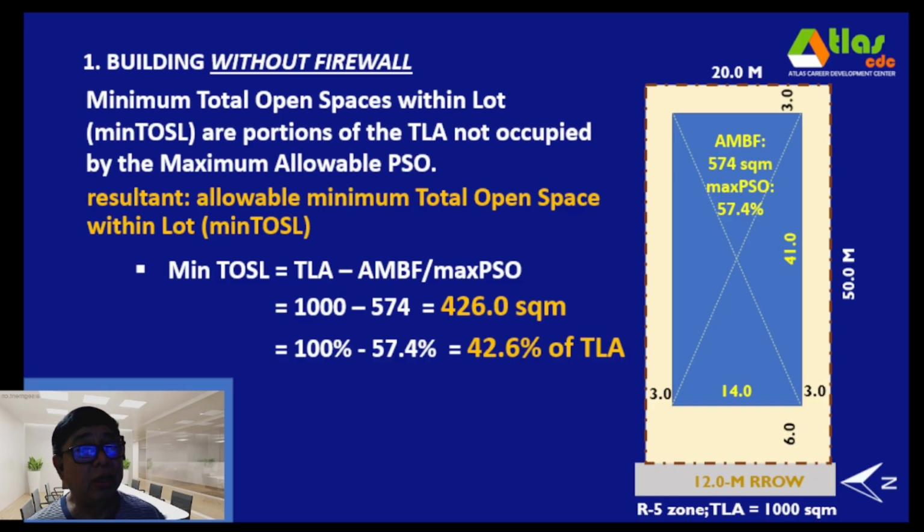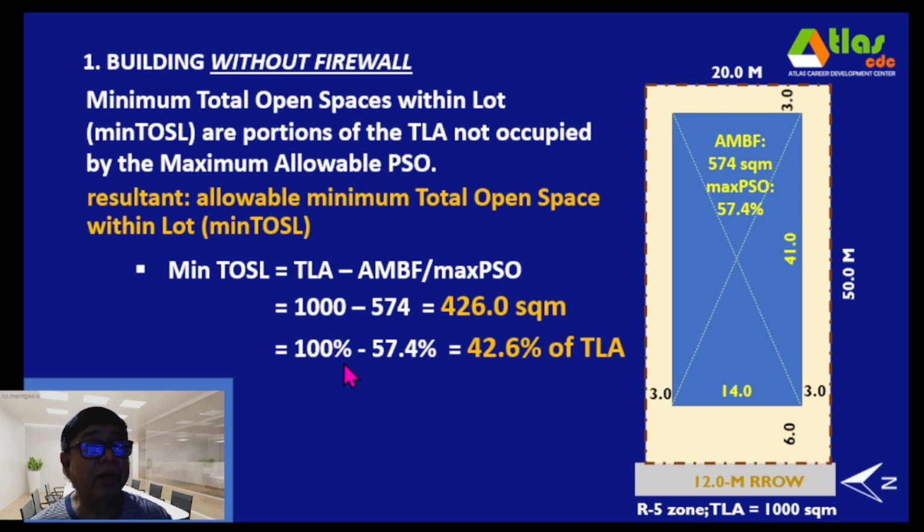So it will be 1000 TLA minus this AMBF most stringent will give you a resulting minimum TOSL of 426 square meters. So this yellow area left at the side is 426 square meters, your minimum TOSL resultant.